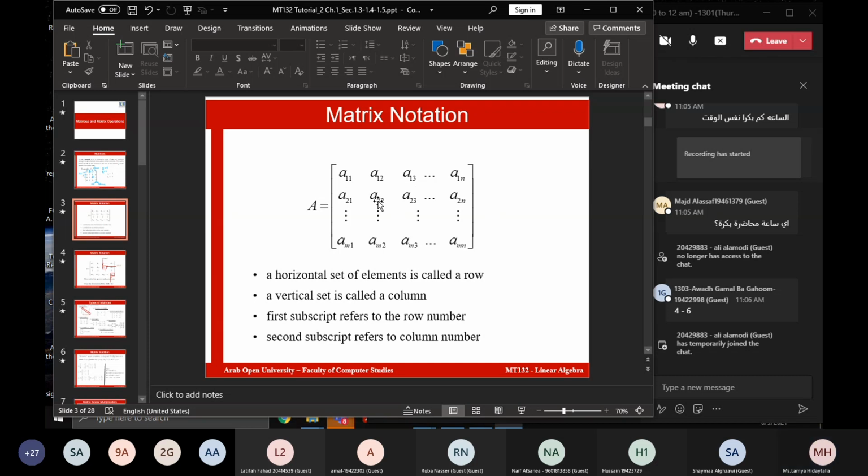In the subscript, the first number is for the row and the second is for the column. So the last element here is the MN element, meaning row number M and column number N. So the dimension of this matrix is M times N. If M were 5 rows and N were 7, it would be 5 times 7.